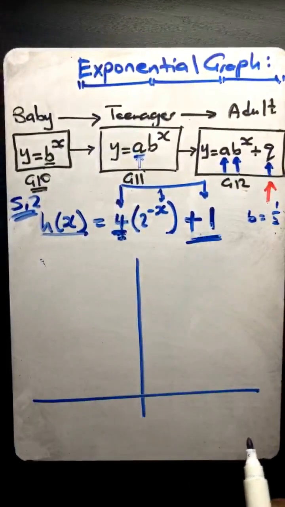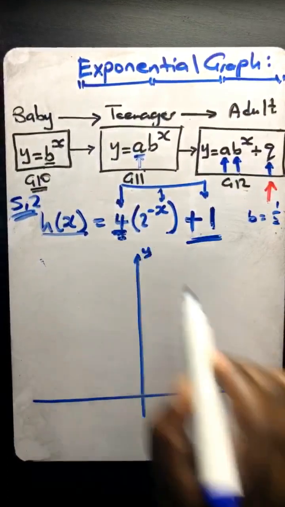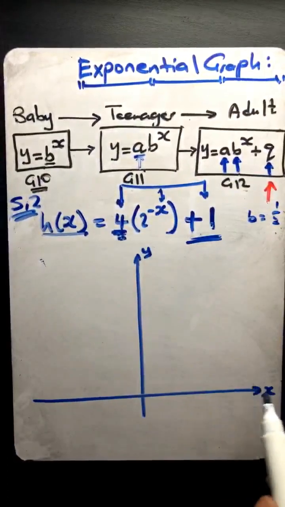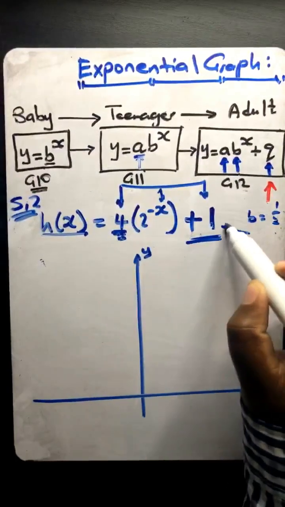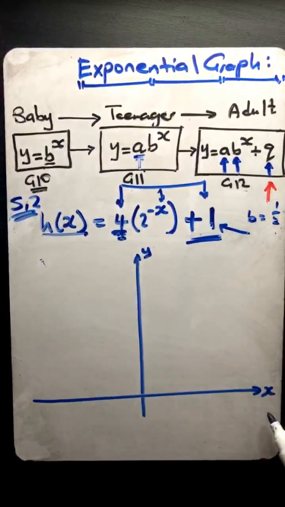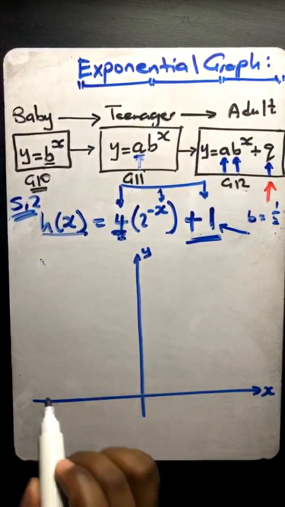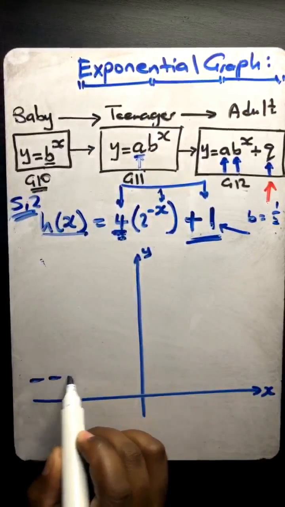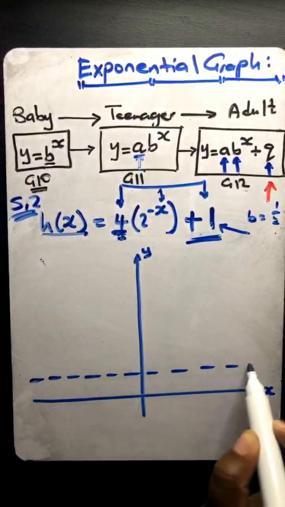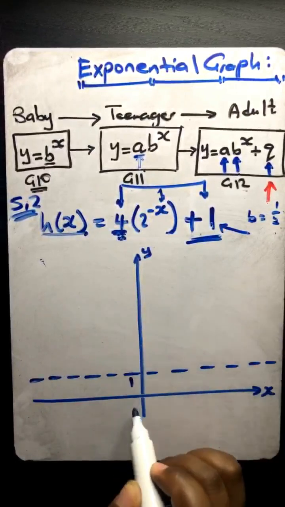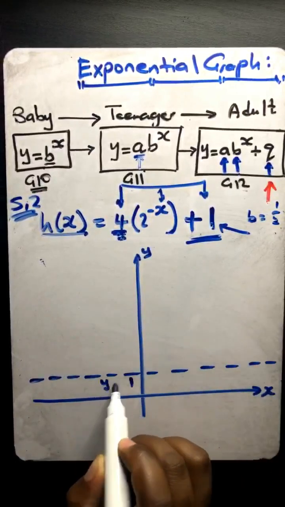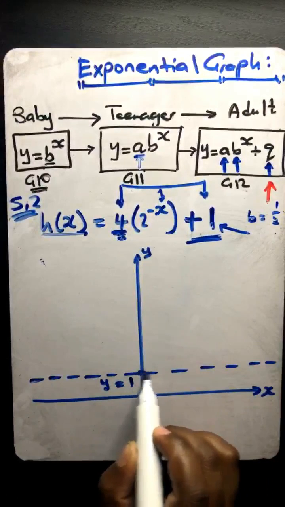When you sketch an exponential type of function, the first thing that you do, you start with that. That is your equation of asymptote. So you do it like that, where that is 1. So this is where y is equal to 1 at that point there.